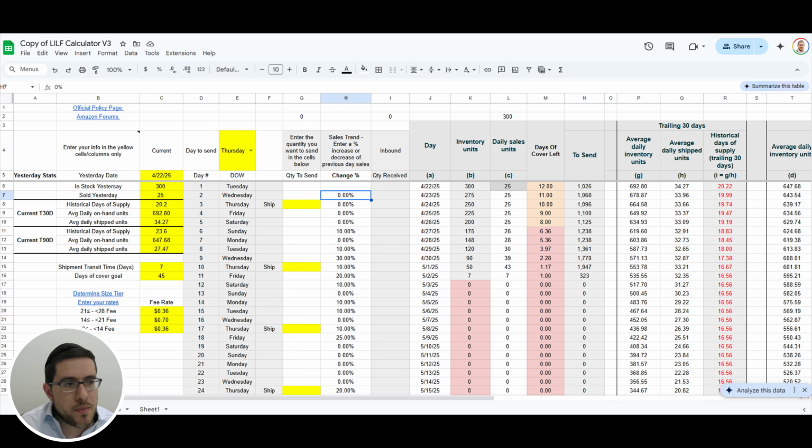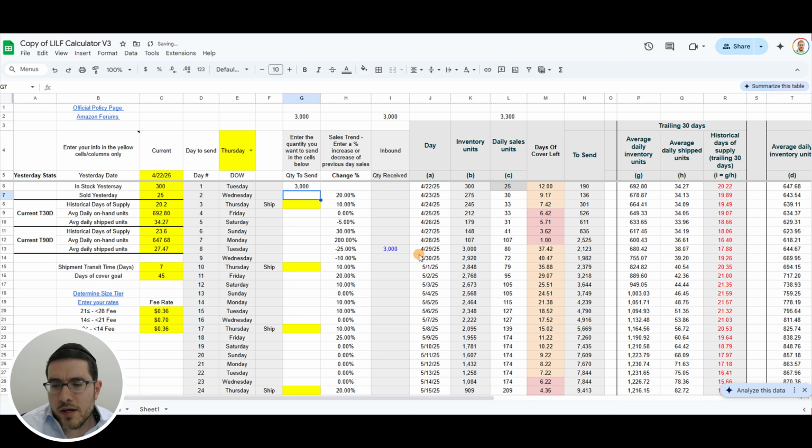So let's say there was a 20% increase, and then on this day you sold 33, and on this day you sold 31, and then on this day you sold 41, and then on this day, actually you had a crazy promotion, you sold 107, and then here you went back to selling a lesser amount.